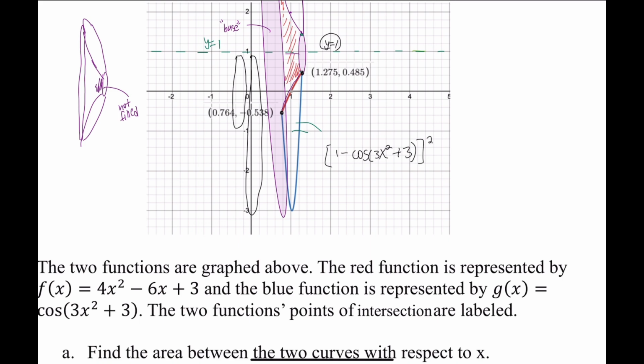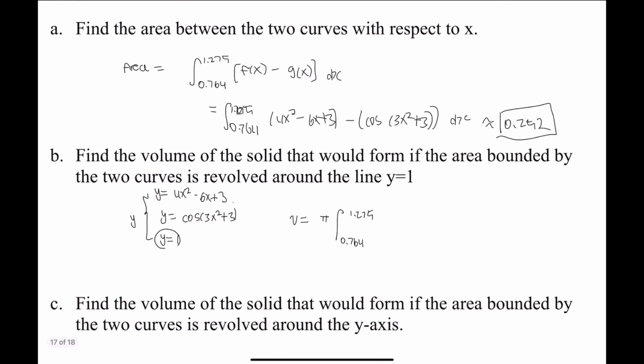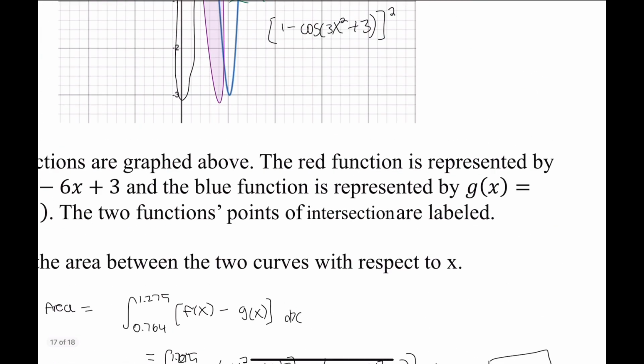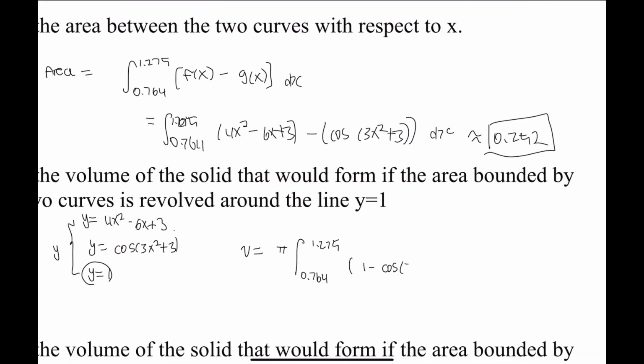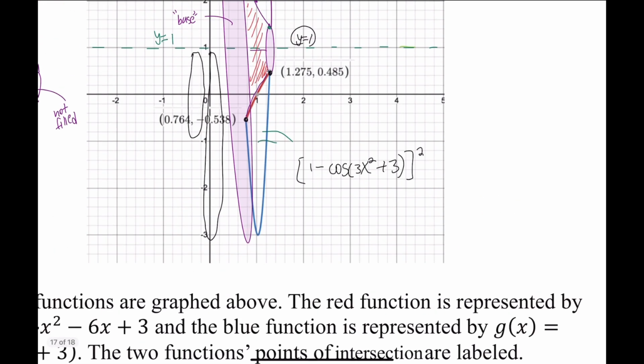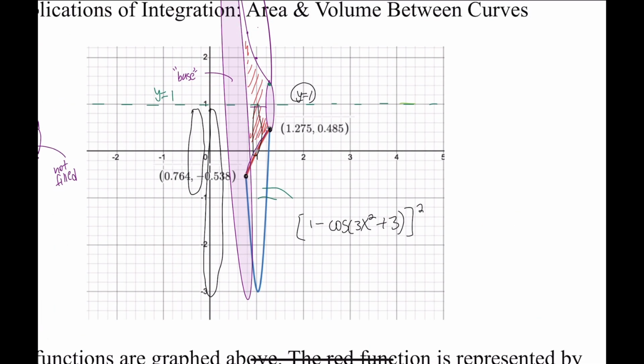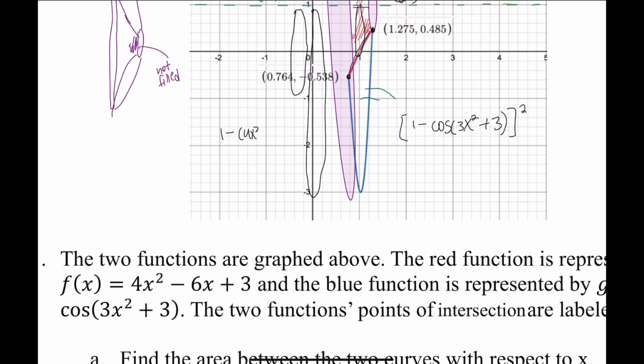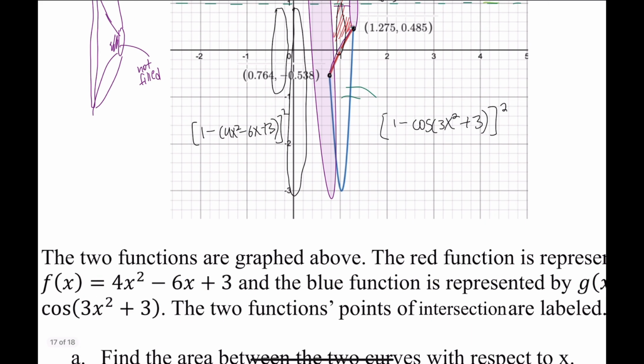This is our newly found function, okay? 1 minus cosine of 3x squared plus 3, this whole thing squared, and then minus the inside function, which would be this much, right? So it will be 1 minus the red function, which is 4x squared minus 6x plus 3, to the power of 2. This is going to be the radius, I guess.